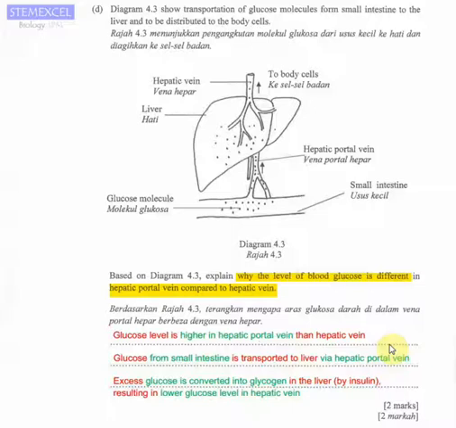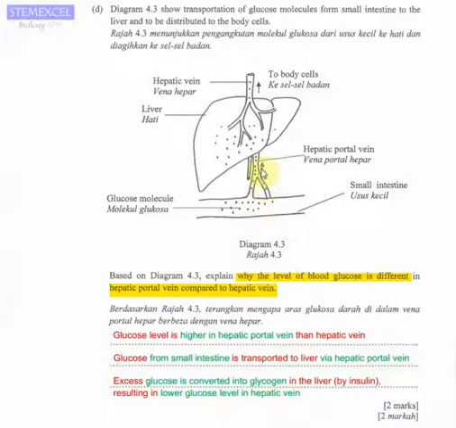So what you write, number 1, glucose level is higher in the hepatic portal vein compared to the hepatic vein. Number 2, why is that so? Glucose from the small intestine is being transported to the liver via this hepatic portal vein here. So this is why you have more here.